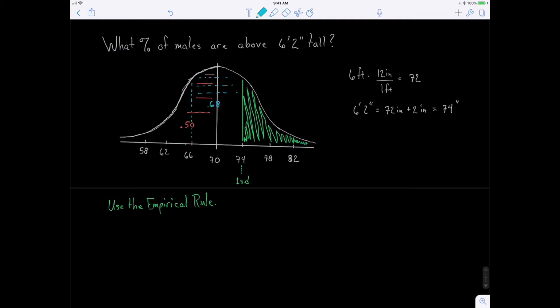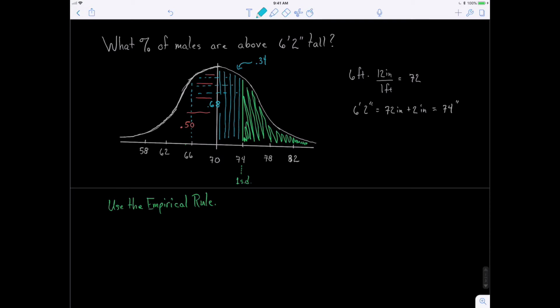But wait a minute. Part of this blue region, we just want the half of the blue region that's right there. And now you can see how the problem might happen a couple different ways. So half of 68, this area right here, this is 0.34, or half of 68%, or 34%.